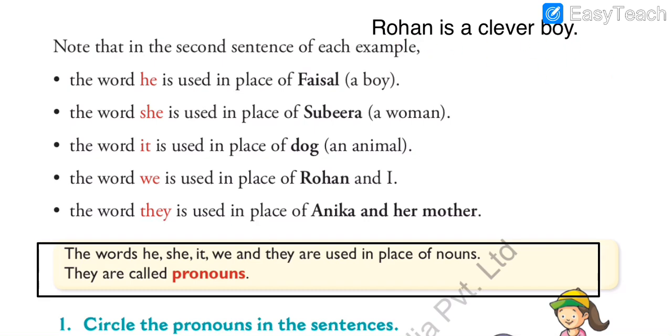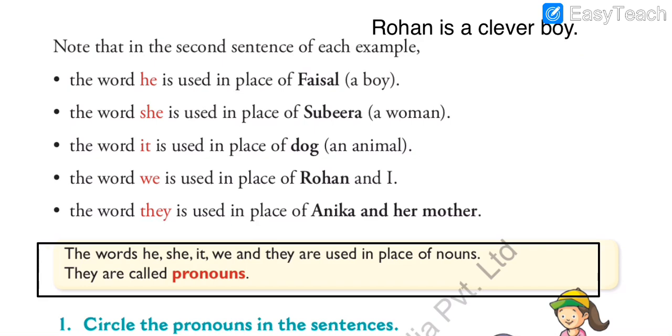Now again, if I want to write something about Rohan, for example that he is short tempered, what will you write? You will not write Rohan again, correct? You already have written Rohan is a clever boy.